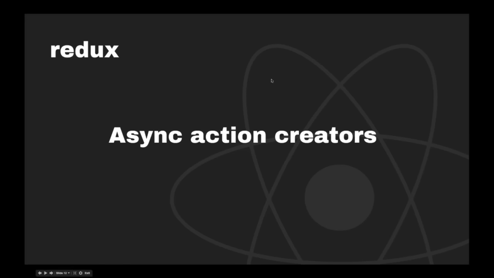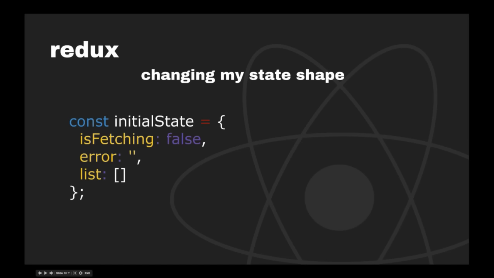Okay, now that we have asynchronous action creators, we're going to have to change our application a little bit. The main thing that we're going to do is change the shape of our state. Right now we only had an array of the persons, which is fine for local state, but as we are now going to try to keep our state in sync with our server, we're going to need a couple of extra variables there.